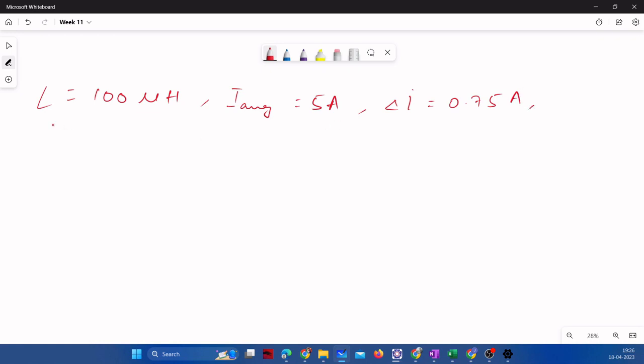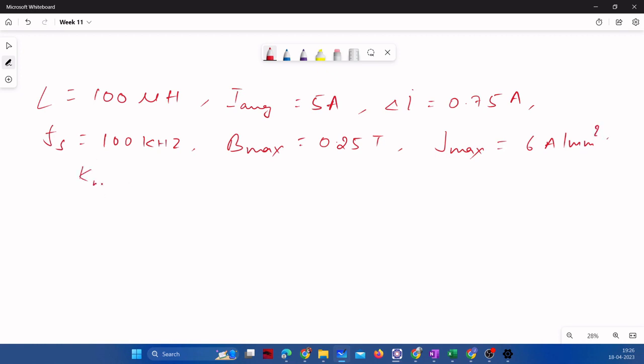Switching frequency is also given, 100 kilohertz, and B max and J max are also given, that is 0.25 Tesla, and J max here is 6 ampere per mm square. Window fill factor is 0.5. Now we need to compute the area product for these given parameters.